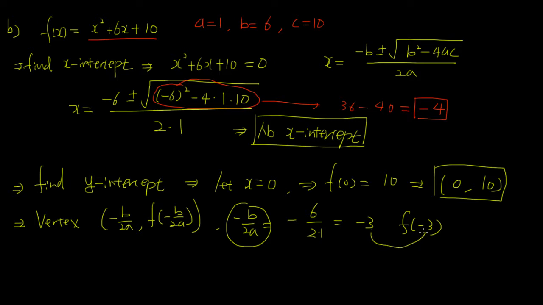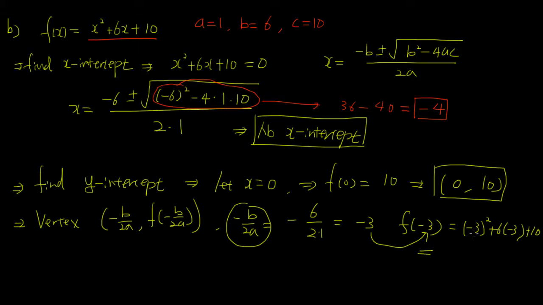That is negative 3 squared plus 6 times negative 3 plus 10, right? I'm just putting negative 3 in place of x.